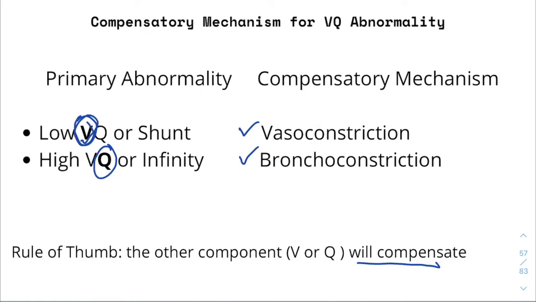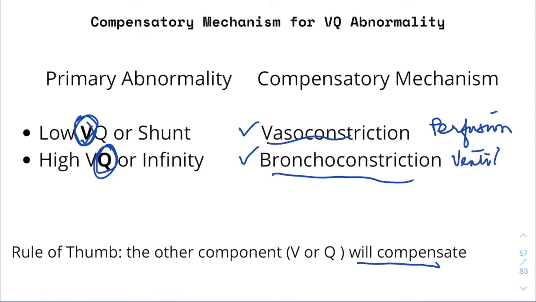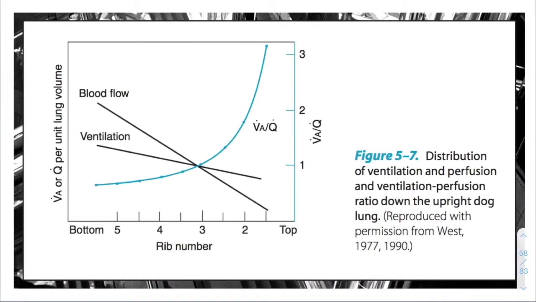If the problem is ventilation, there would be vasoconstriction, so perfusion will compensate. While if the problem is perfusion, there would be bronchoconstriction, so ventilation will compensate. The other one will compensate.